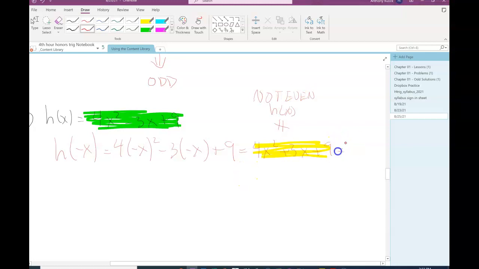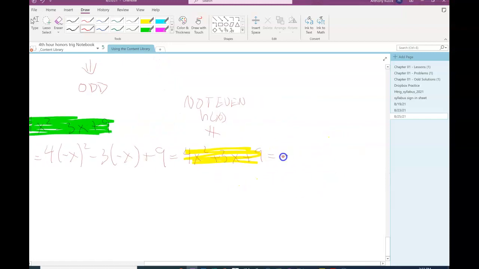And if I factor a negative sign out of this, what's left in here is also not h of x.